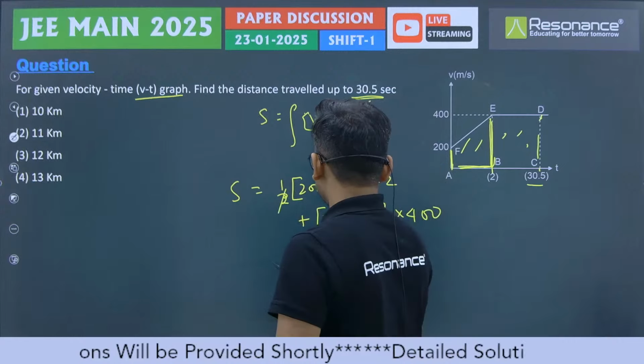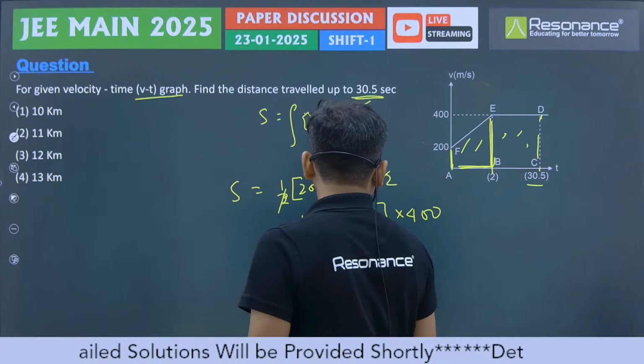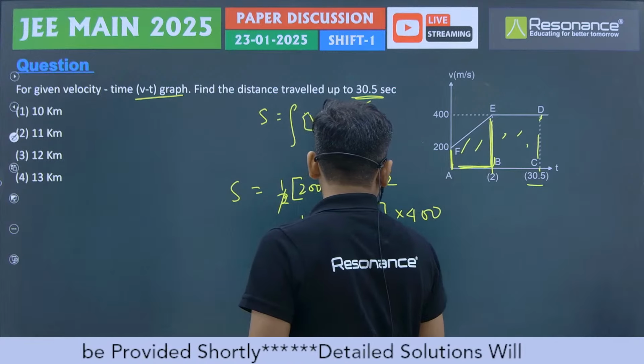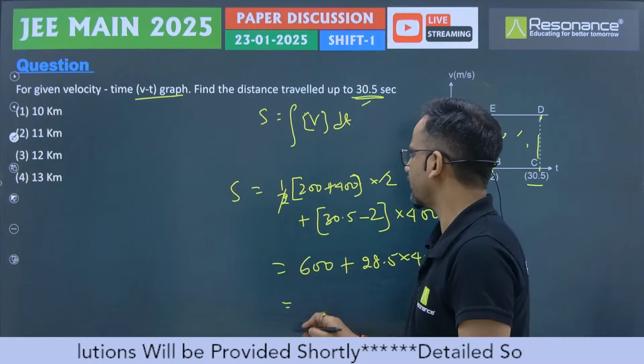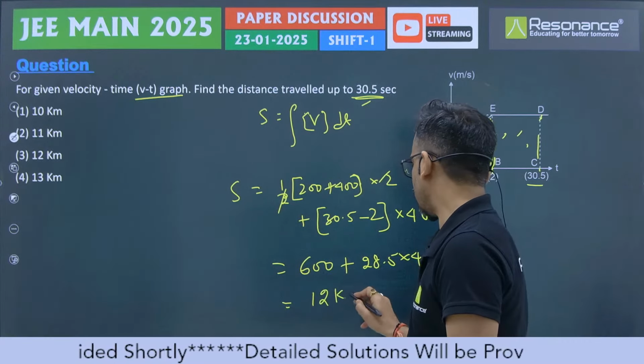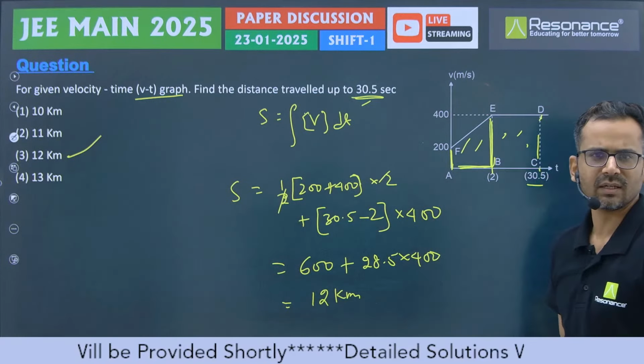This is getting cancelled. 600 plus 28.5 into 400. So after calculating this, we are getting around 12 kilometer. Okay. So this will be the correct answer if the data are given like this.